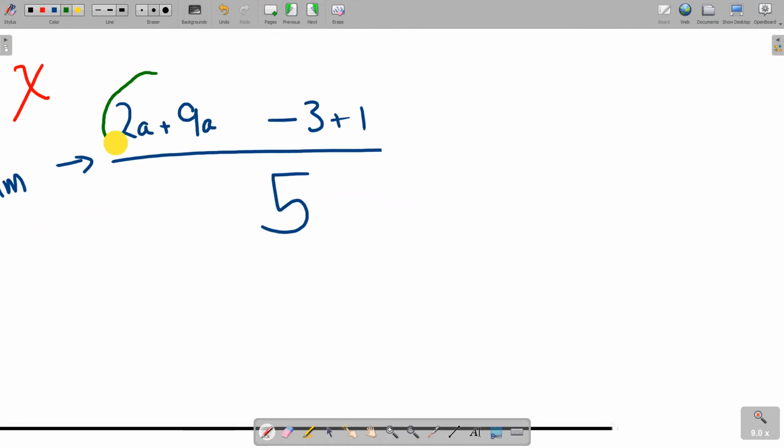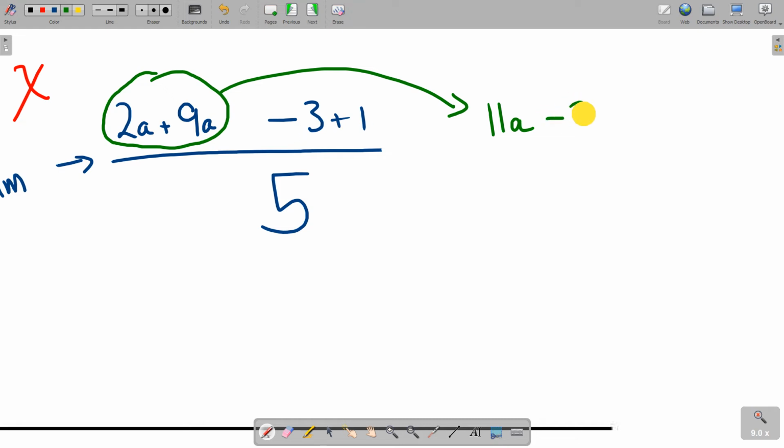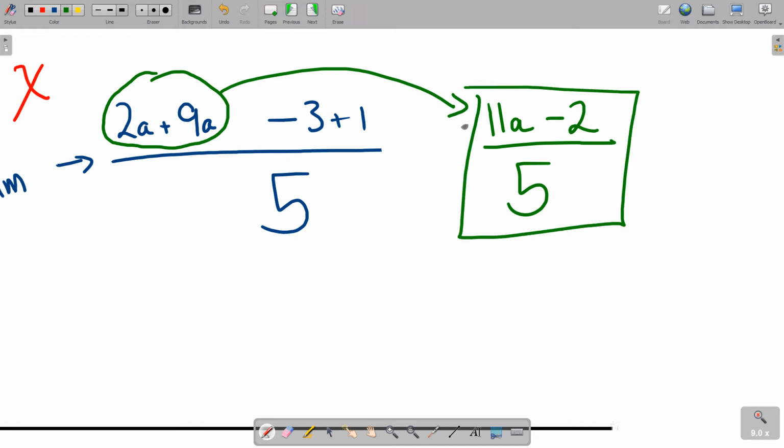Here we go. 2a and 9a make 11a. Minus 3 plus 1 is minus 2, all divided by 5. And since none of these numbers are reducible by each other, this is the final answer.